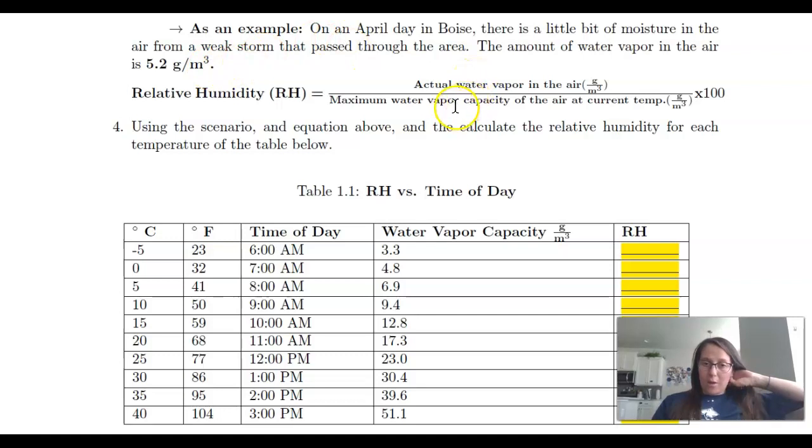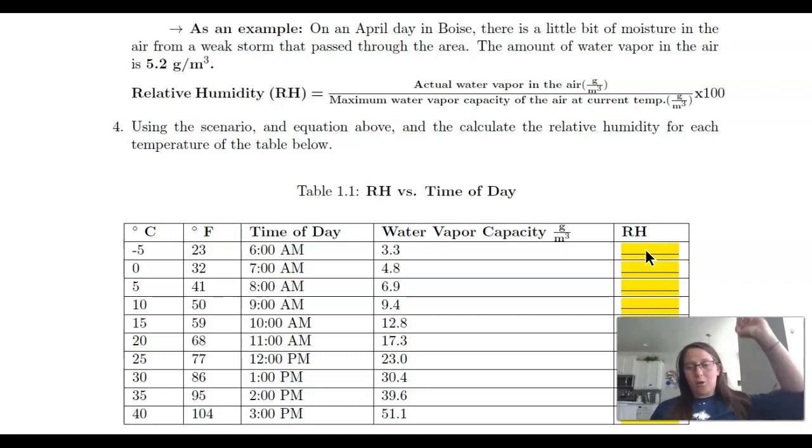You know the value for the maximum water vapor capacity for each of those temperatures. So you just have to plug and chug, and you get the answer. For example, in the first slot there, you would say, okay, I have 5.2 as my actual water vapor divided by, let me go ahead and show you that actually.